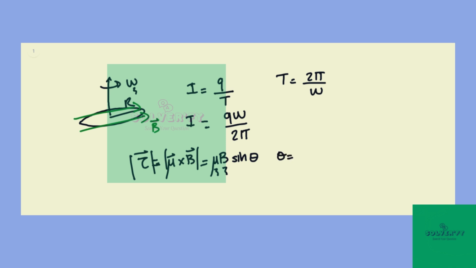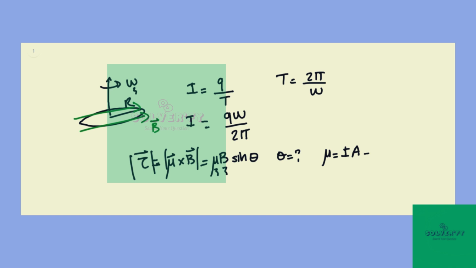The direction of mu, first of all, before going there, mu is the current times the area, right? So whatever the normal of the area is, mu is along that direction.